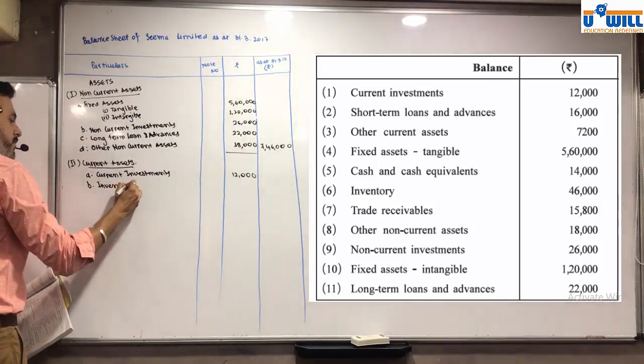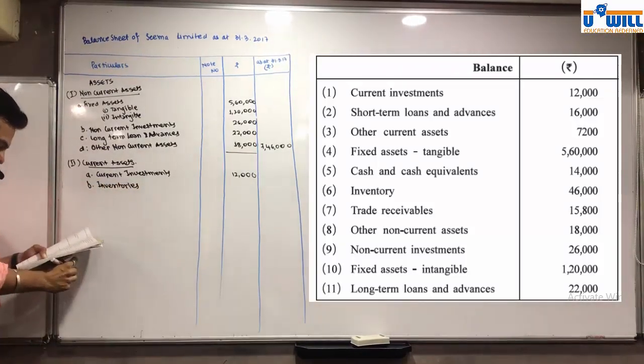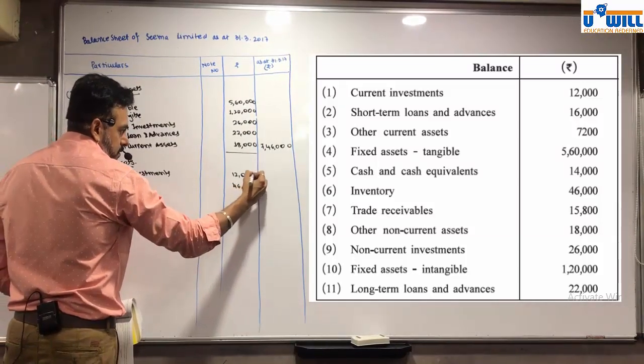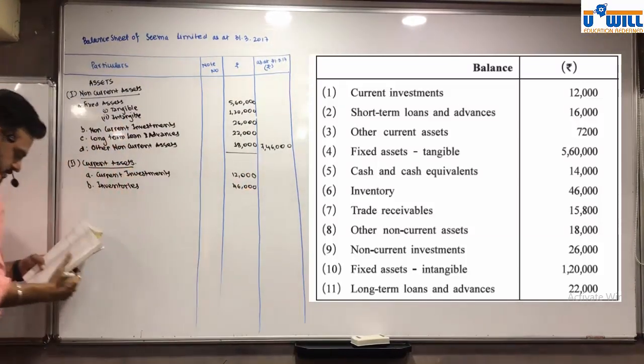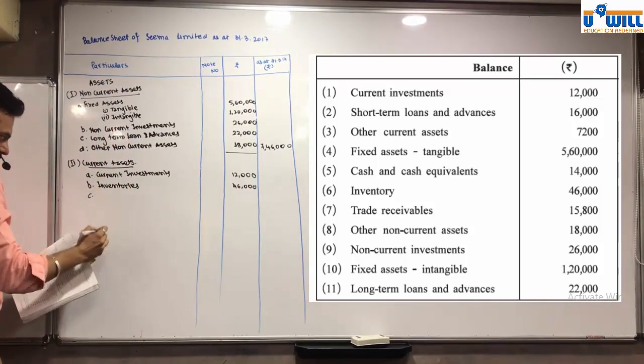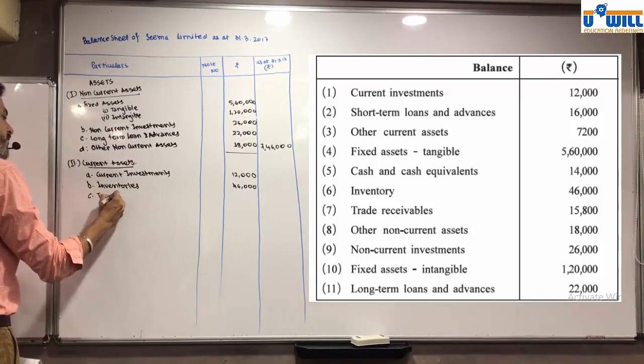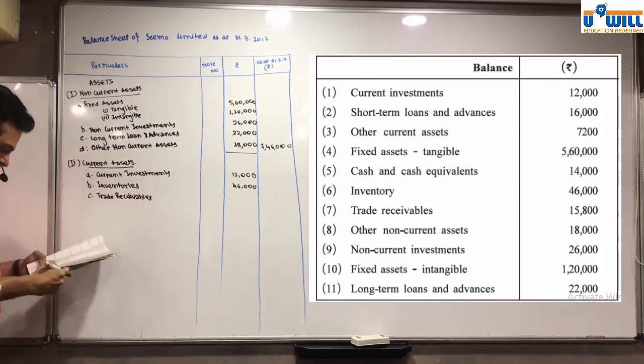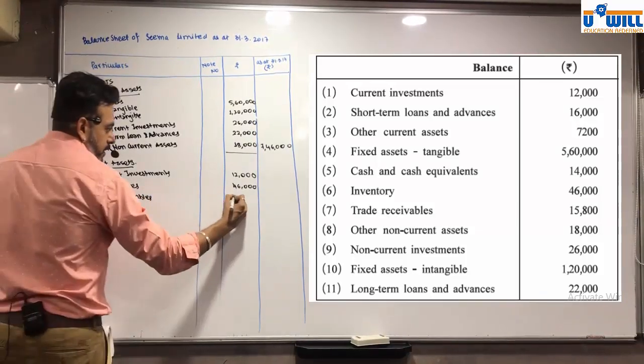Inventories, 46,000. Trade receivables, 15,800.